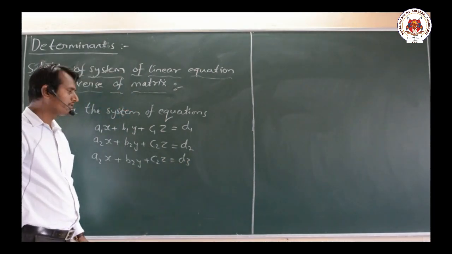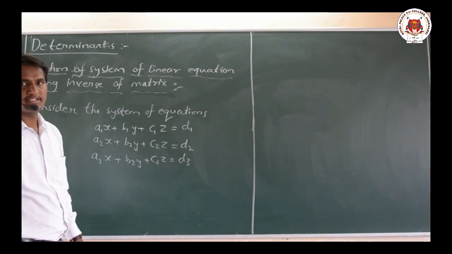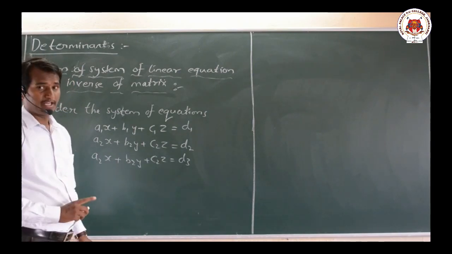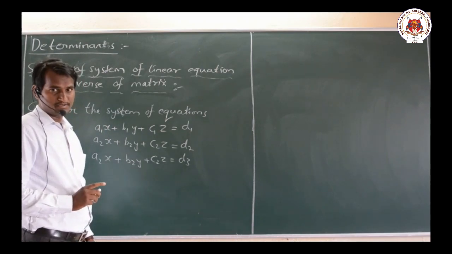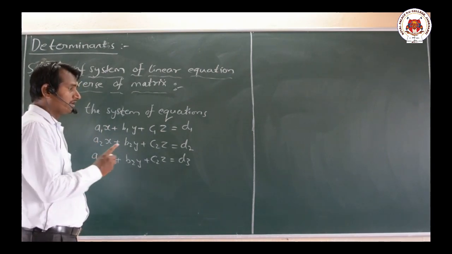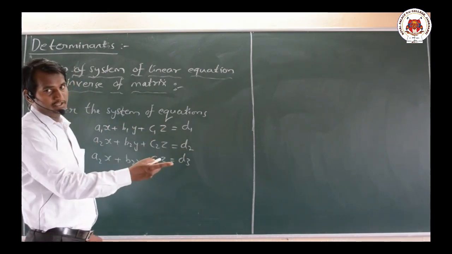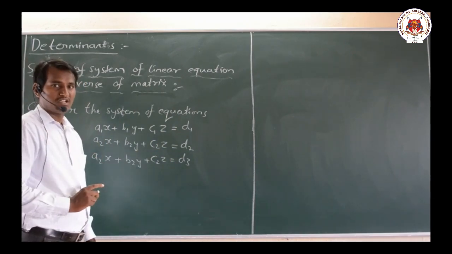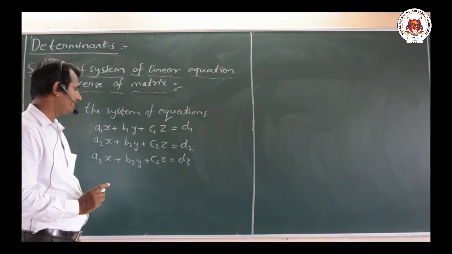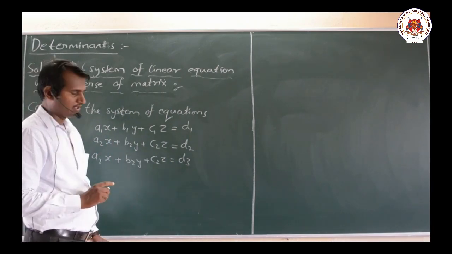These three are your system of linear equations in 3 variables. What are the 3 variables here? x, y and z. Of course, we can find them in case of 2 variables also, but the majority of problems asked in your question paper are related to 3 variables.